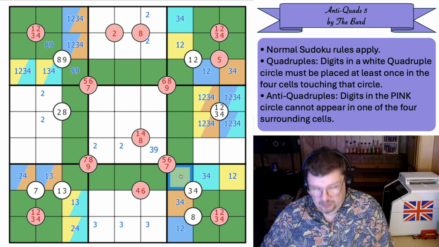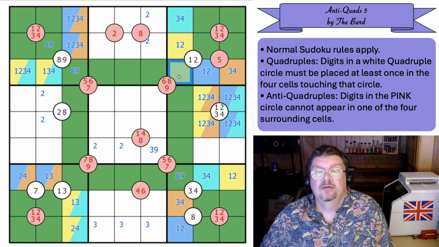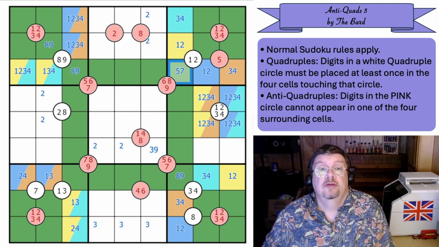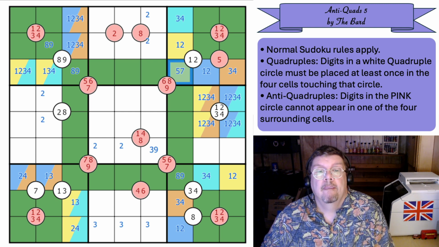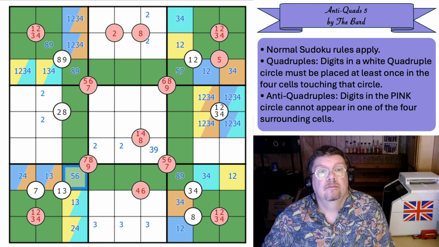That one is not 5, 6, or 7, so that is 8 or 9. That one is not 6, 8, or 9, so that is 5 or 7. This one is not 7, 8, or 9, so that is 5 or 6. And we've already determined that that is 8 or 9.